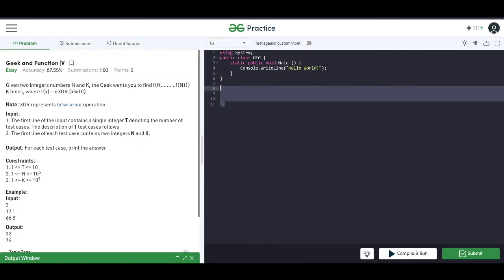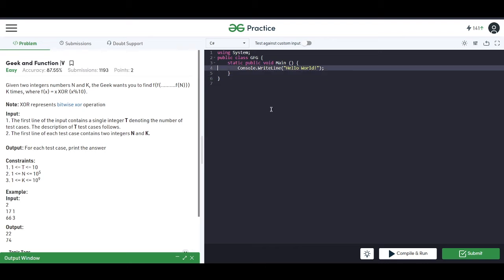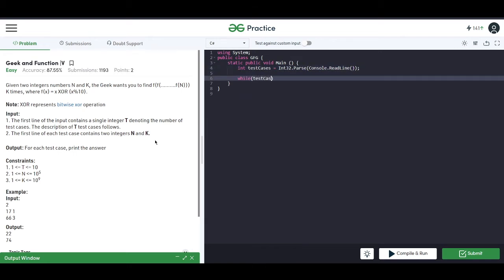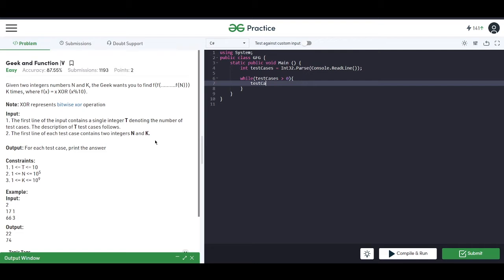So let us start with the solution of this problem. Input as usual, there will be t denoting the number of test cases, and the next line will consist of two integers n and k. We'll keep iterating over the test cases.